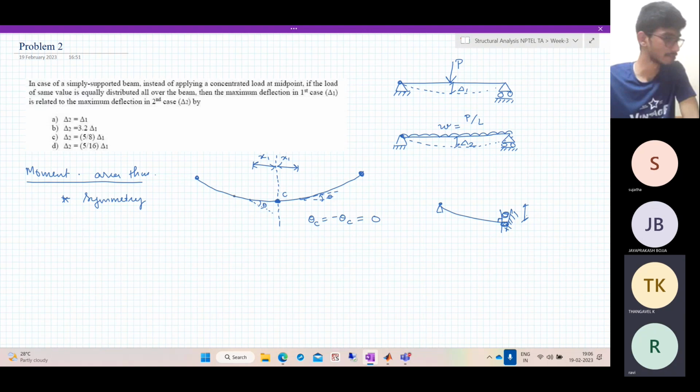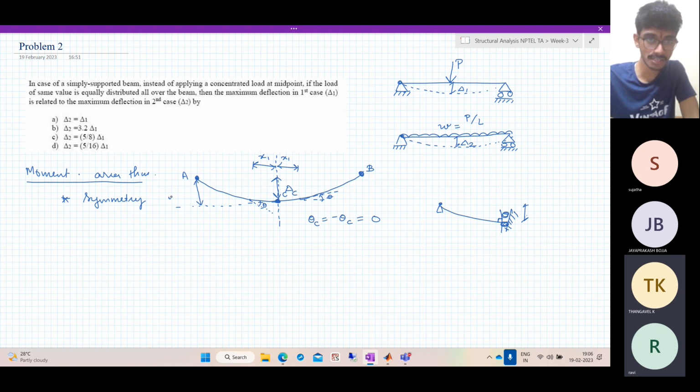So let us just draw a tangent at the point C. How much is this? This is delta C. In one case it's delta 1, in the other case delta 2, but in general it's delta C. So how much is delta C? And we know the displacement of the points A and B are zeros. So how much is this?